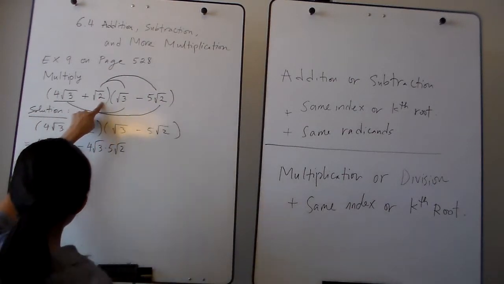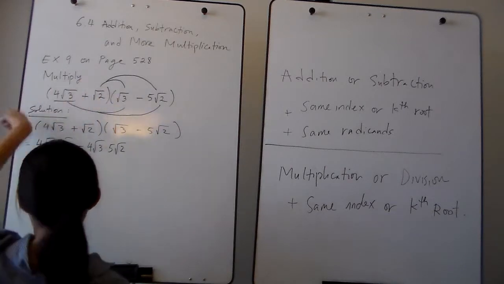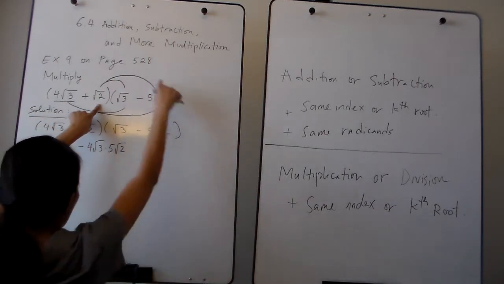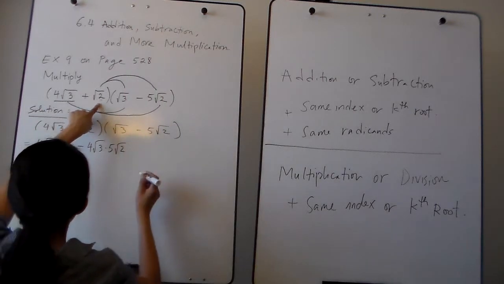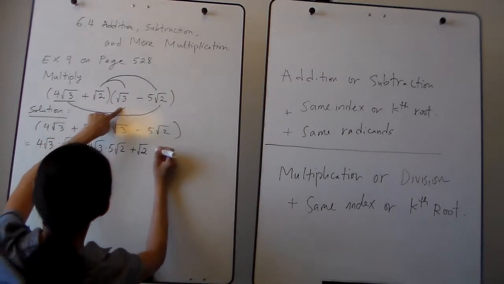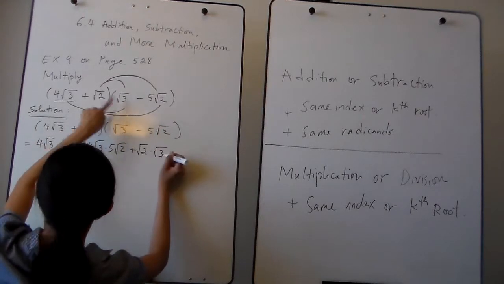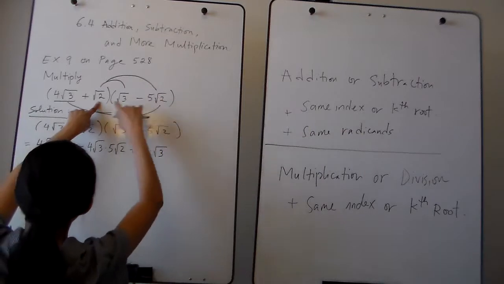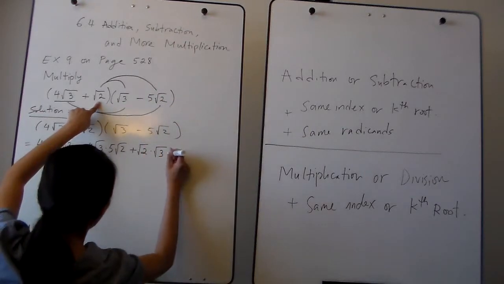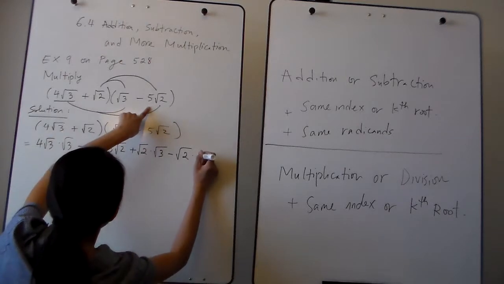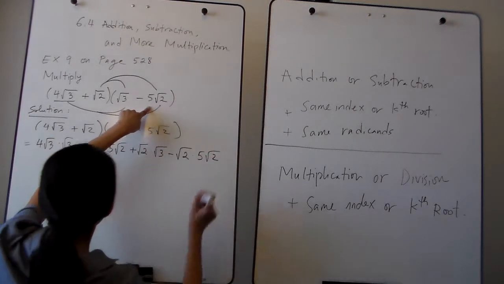Then you take the second term in the first factor, multiply each term inside the second factor. So we have plus square root of 2 times square root of 3, okay? And then take this, distribute this. You have negative root 2 times 5 root 2.